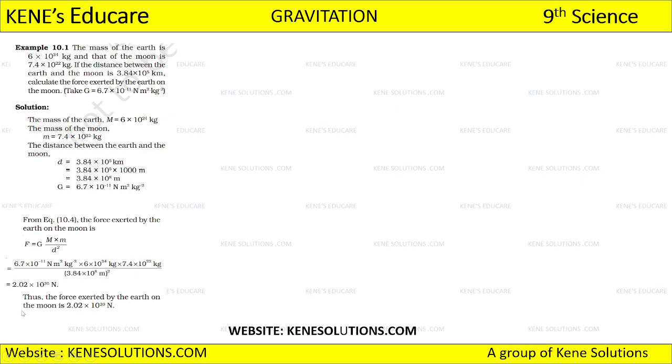When you do the proper calculation, you will get 10 raised to 20, and then you can conclude that the force exerted by the earth on the moon is 2.02 into 10 raised to 20 Newton. Getting my point, everyone?